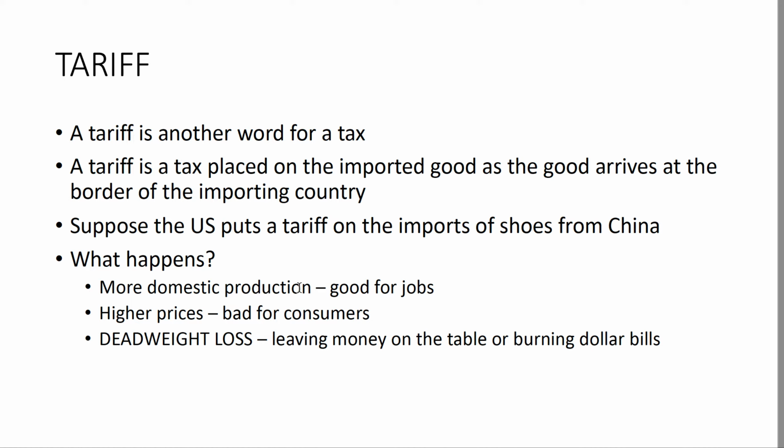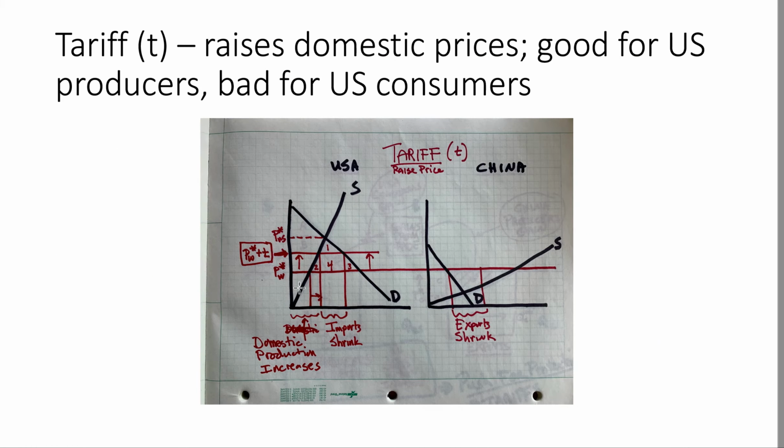If we let trade go, we saw the gains from trade. If we put the tariff on artificially in the sense of trying to protect jobs, it's essentially the same as leaving money on the table or just burning dollar bills because there's money there to be had and we don't want it.